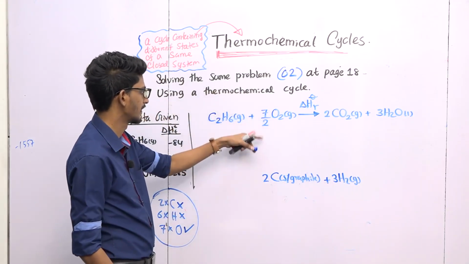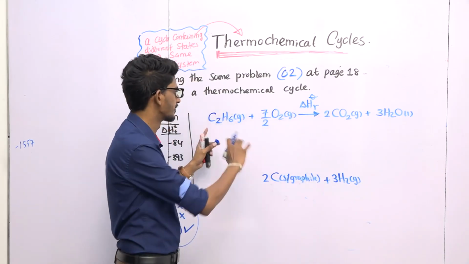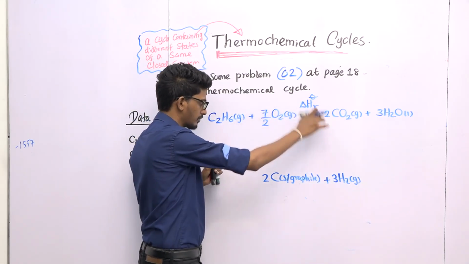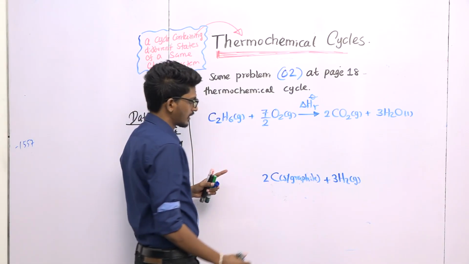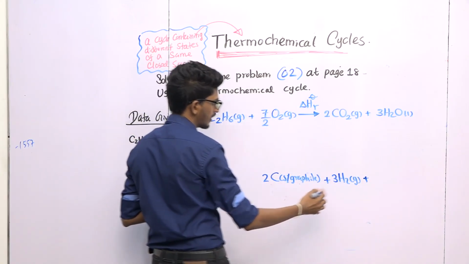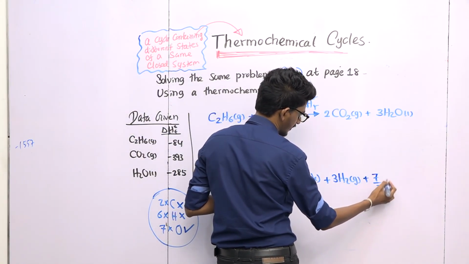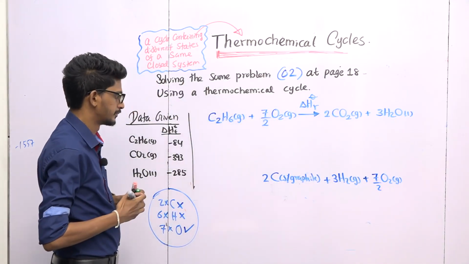Looking at one state is enough, we don't need to look at both states, because in both states the same number of atoms appear. This is a closed system, mass conserved. Plus, 7 oxygens are appearing, so the reference form is O2, 7/2 of it. This is the imaginary state.